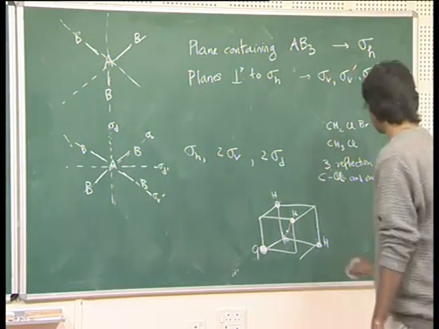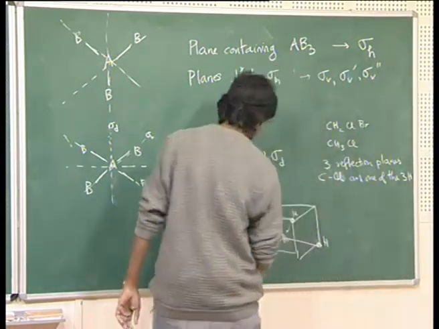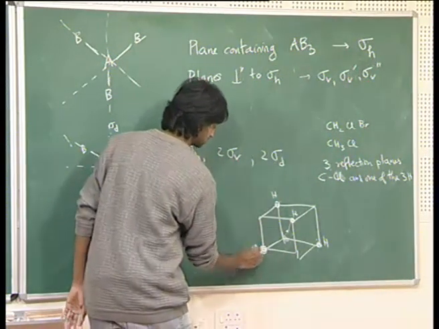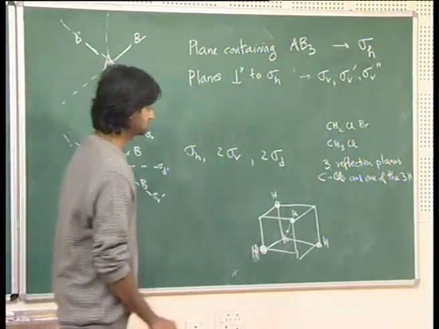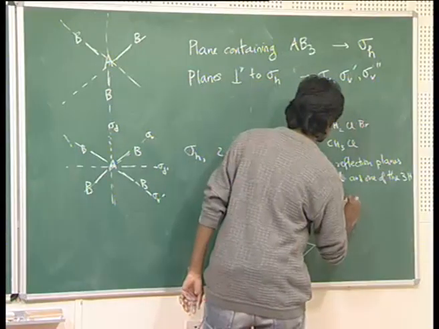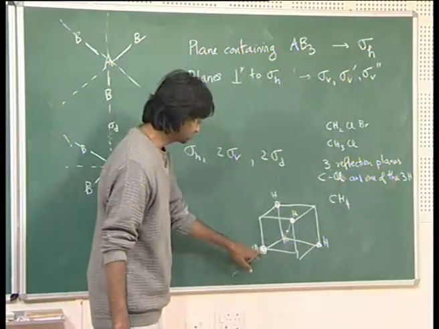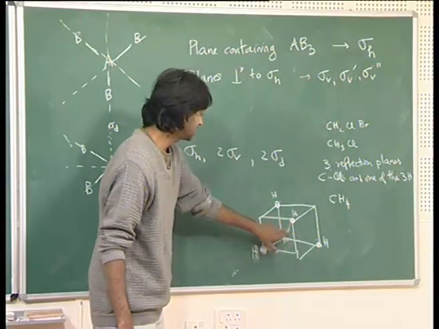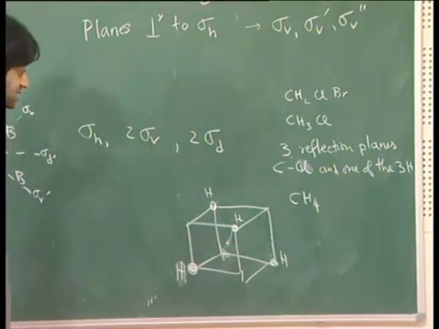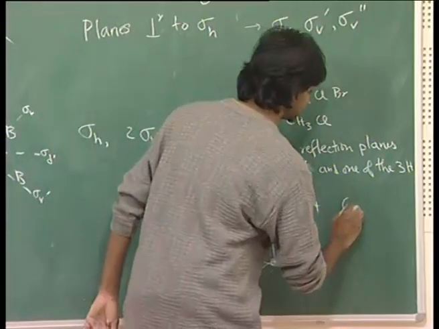If you had CH4, if instead of a Cl you had an H here, you can choose any 2 of the hydrogens and the carbon atom, and there are 6 ways to choose it. So there are 6 reflection planes.